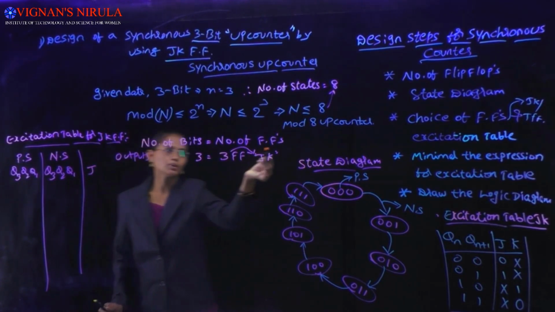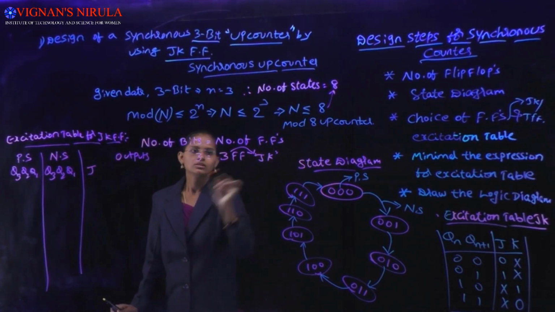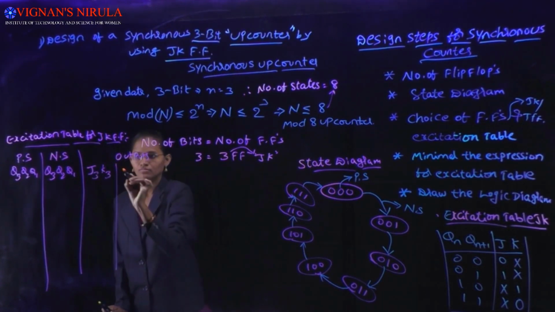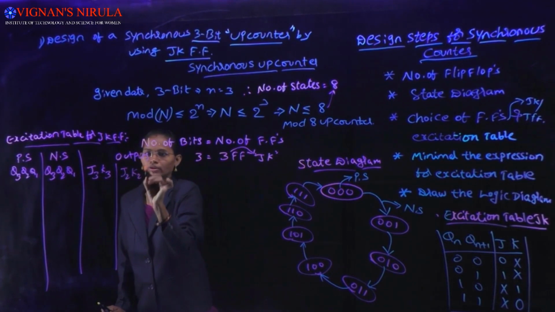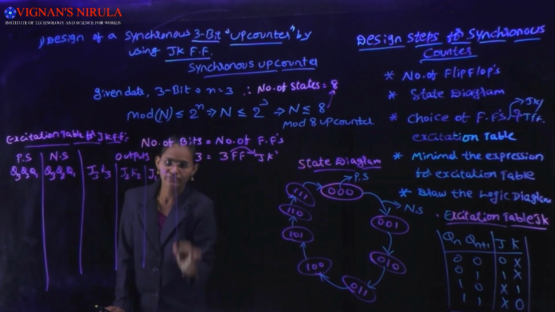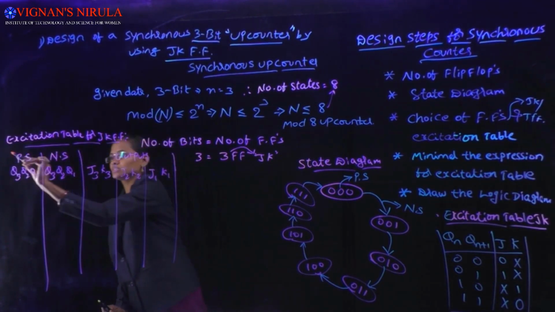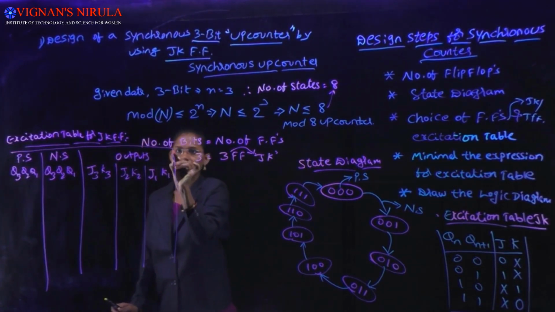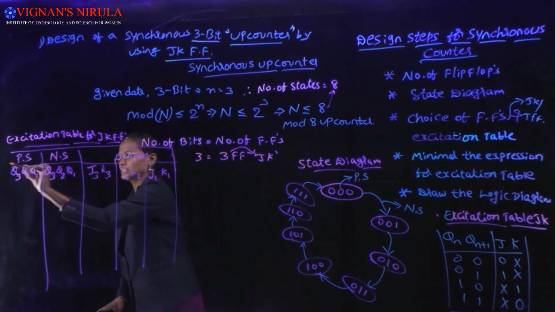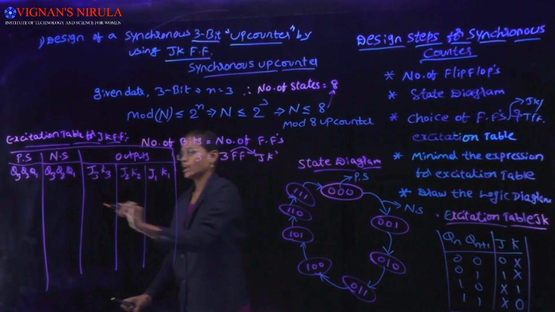Here how many flip-flops are you using? 3. So J3, K3, J2, K2, J1, K1. Okay, this is the excitation table for the JK flip-flop, with present state, next state and outputs.